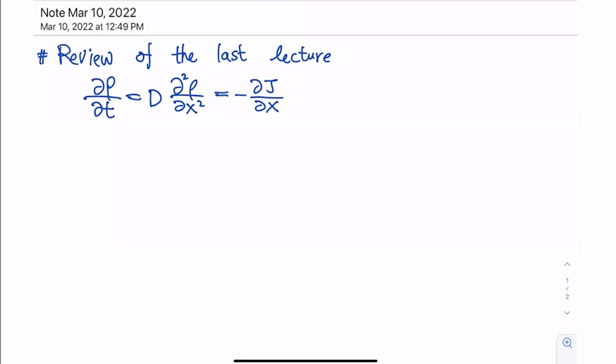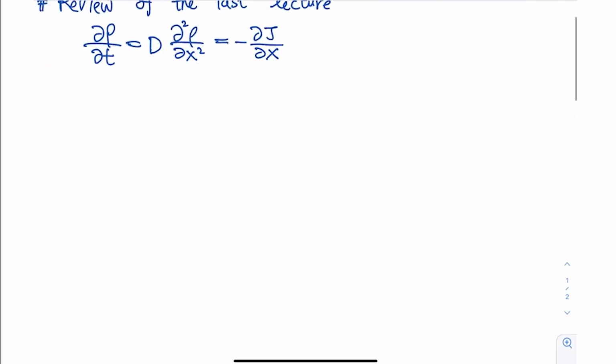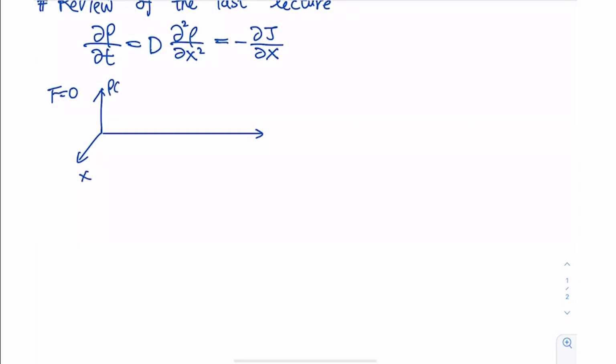And then in the last lecture, we tried to solve this equation. At first, we started from the no external force case, and we start with some kind of density profile.